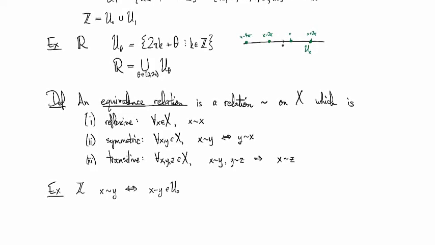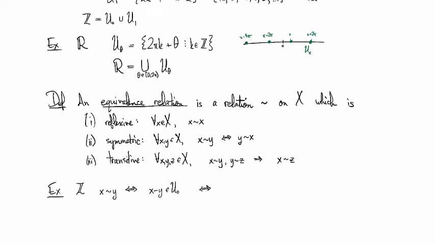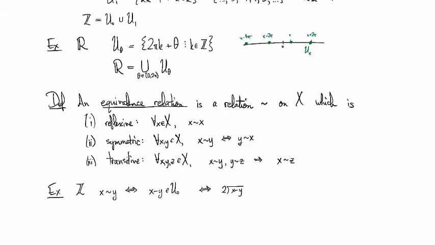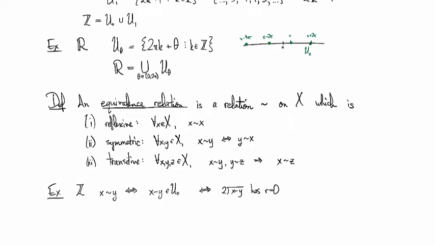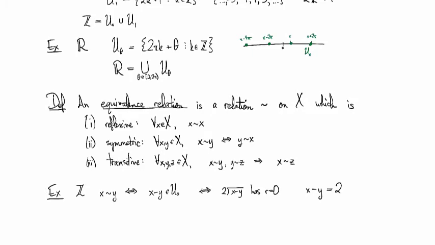After staring at that for a moment, you see that what that really means is that if I take x minus y and I divide it by 2, I have remainder 0. In other words, x minus y looks like 2 times an integer.